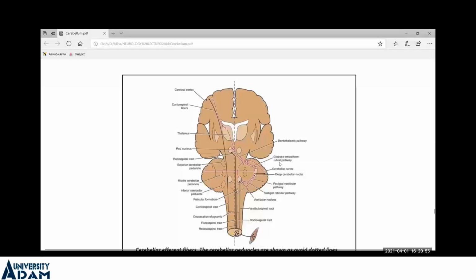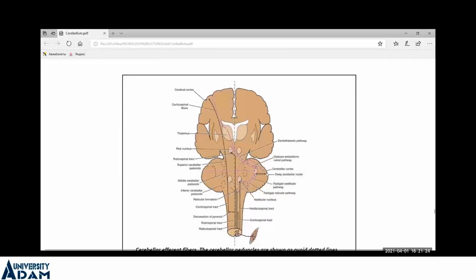And the globus-emboliform-rubral pathway starts, it has the origin in the globose and emboliform nuclei, and it goes to the contralateral red nucleus, and then with the help of the crossed rubrospinal tract to ipsilateral motor neurons in the spinal cord.